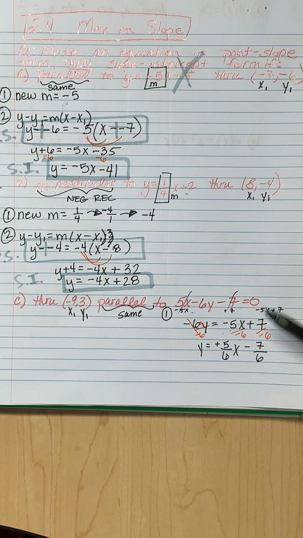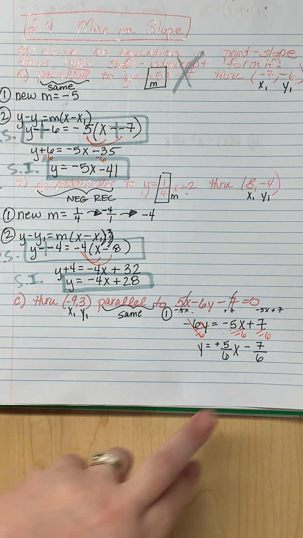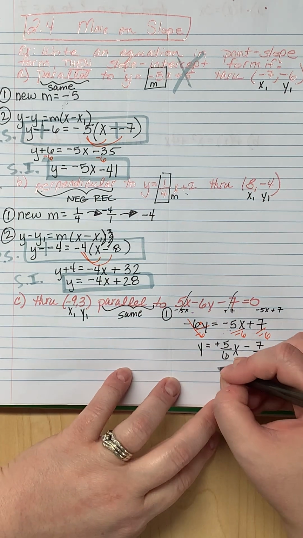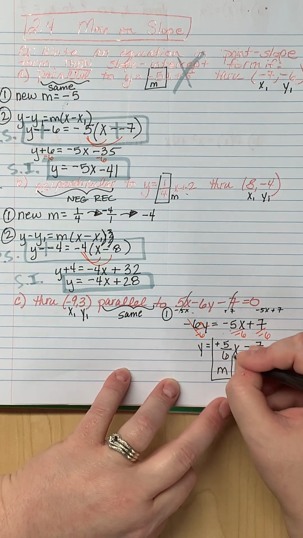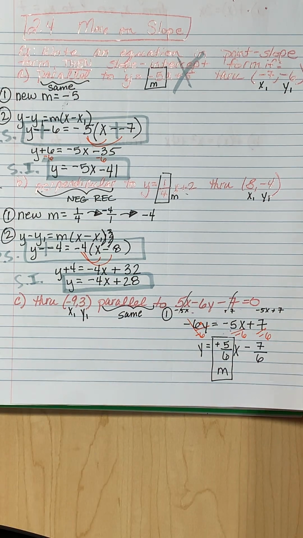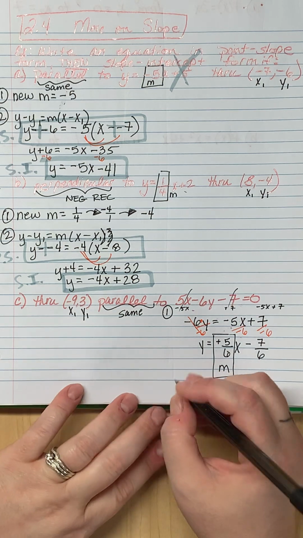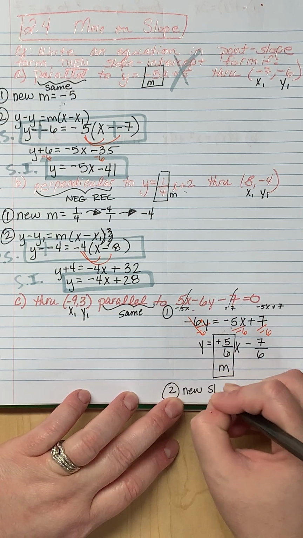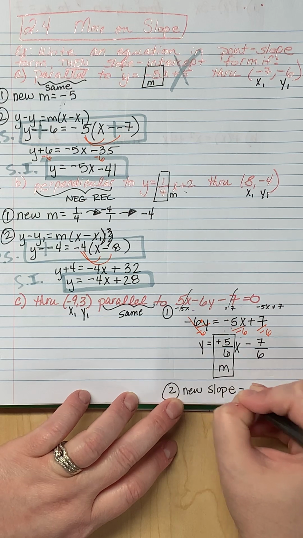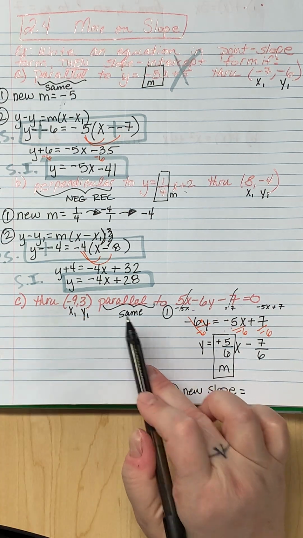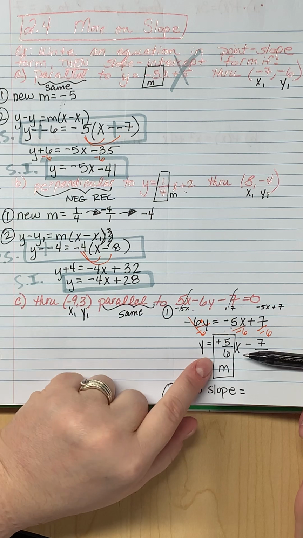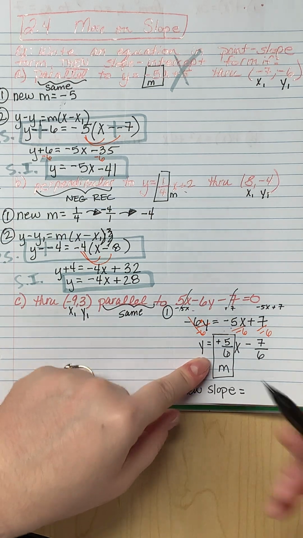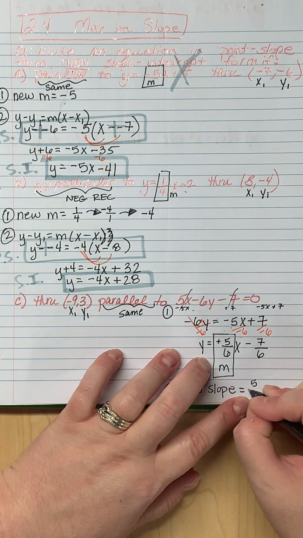Okay, so let's remember, what was the point? Oh yeah, we were trying to find our slope. So my slope for the original line they gave us is 5 over 6. My second step is to find the new slope. Well, the new slope, since we're parallel, is the same as whatever slope I got for the first line, which is 5 over 6.